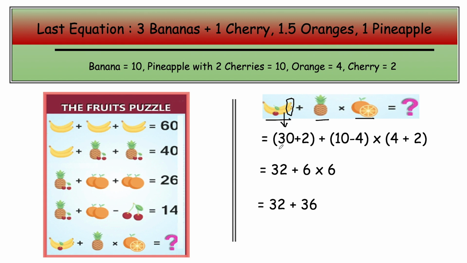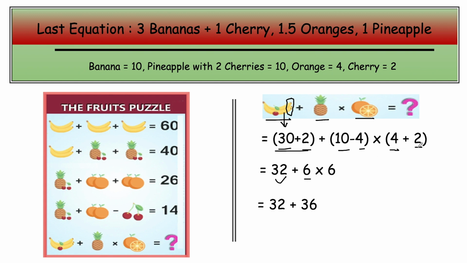So 3 bananas' value is equal to 30, 1 cherry is equal to 2, 1 pineapple will be pineapple plus cherries minus 2 cherries, that will be 10 minus 4, and multiplication with orange and half orange. Solving these brackets first according to the BODMAS rule. So 30 plus 2 will be 32, 10 minus 4 will be 6, its multiplication with this bracket.